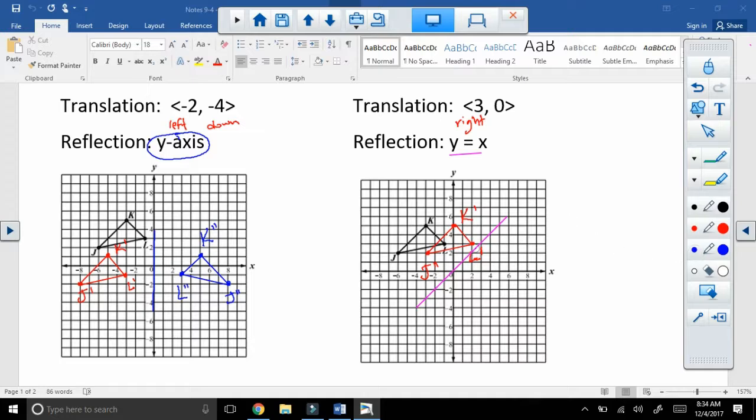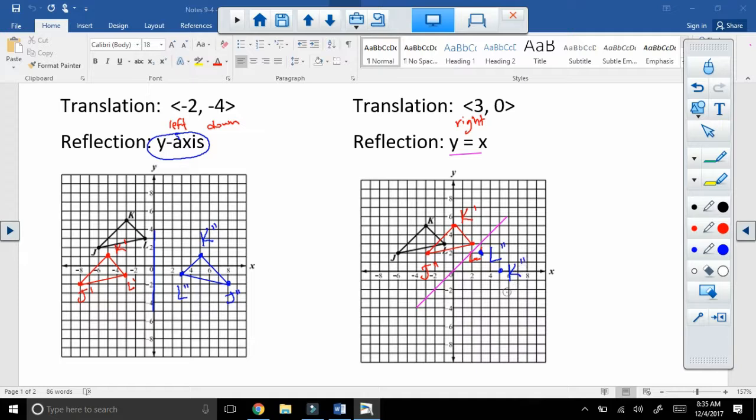If you're telling how far it is away from that line, you have to count the diagonals in the opposite direction. So if you're looking at L, that's like half a diagonal box away. You're going to go that same distance on the other side, and that one's L double prime. For K, that is 2.5. So you're going to go that same distance on the other side.